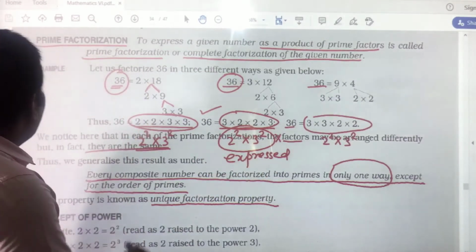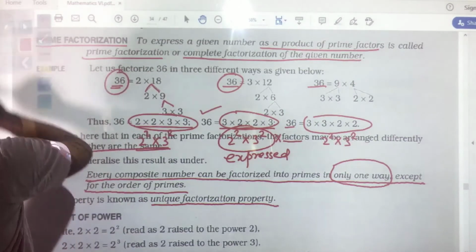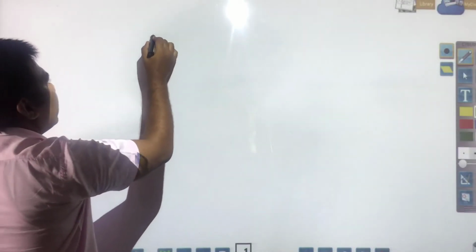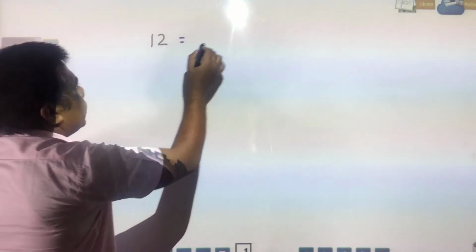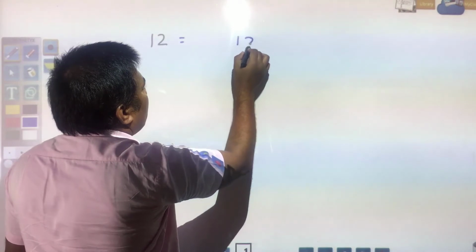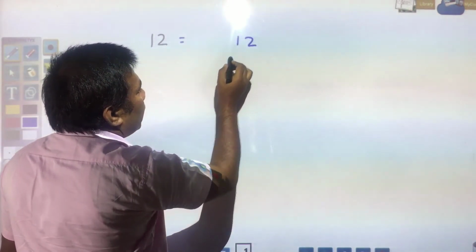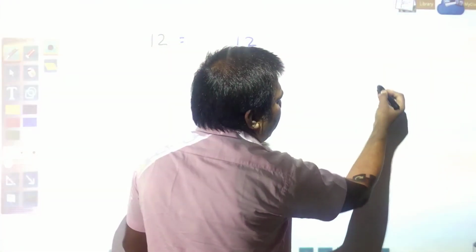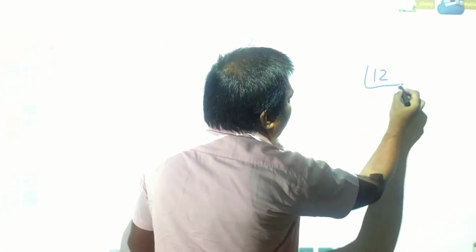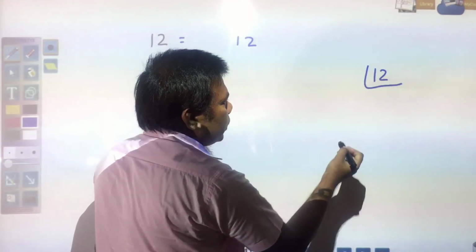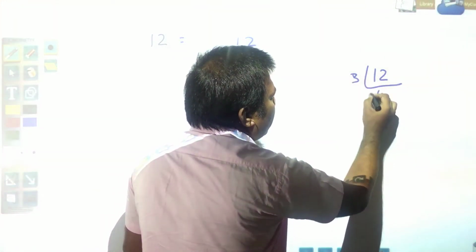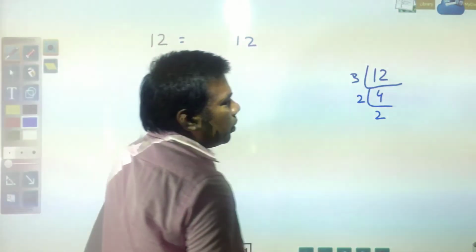You can see this with some other examples also. Suppose you have 12, and you want to factorize it. In any other way also it can be written. Previously you have seen, while finding LCM and HCF, we factorize in this way: 3 fours are 12, 2 twos are 4.